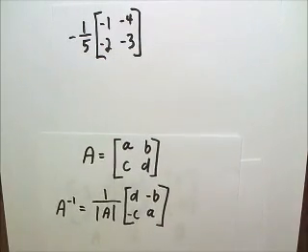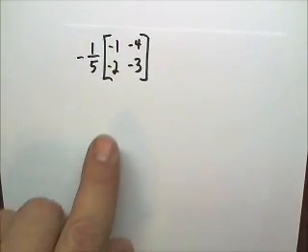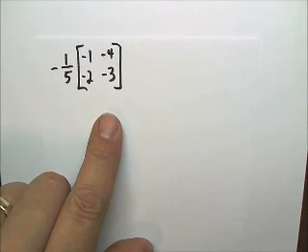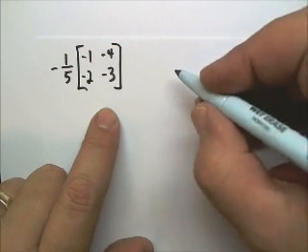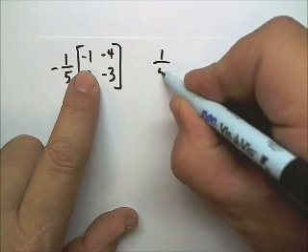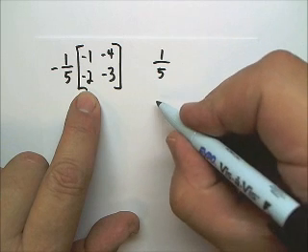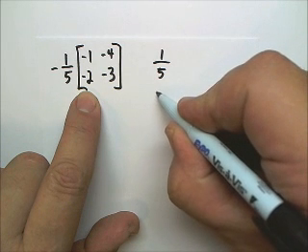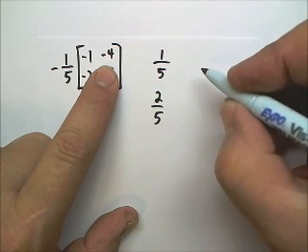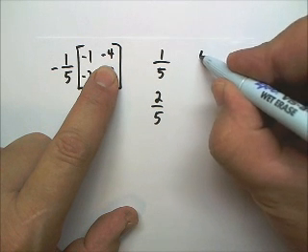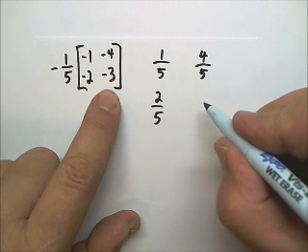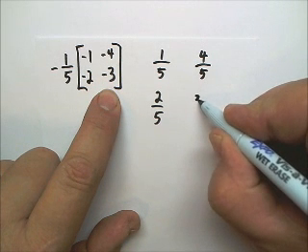Okay, so I can do this scalar multiplication here, and this will be our inverse matrix. So this is +1/5, this is +2/5, this is +4/5, and this is +3/5.